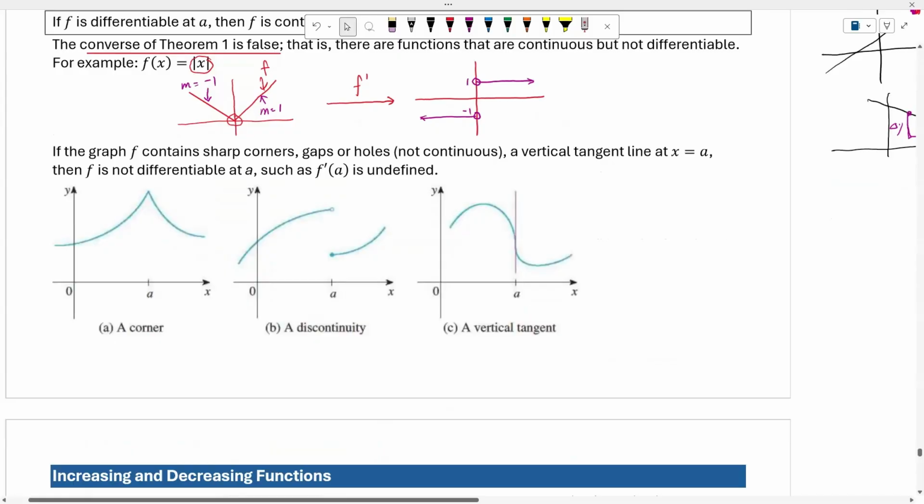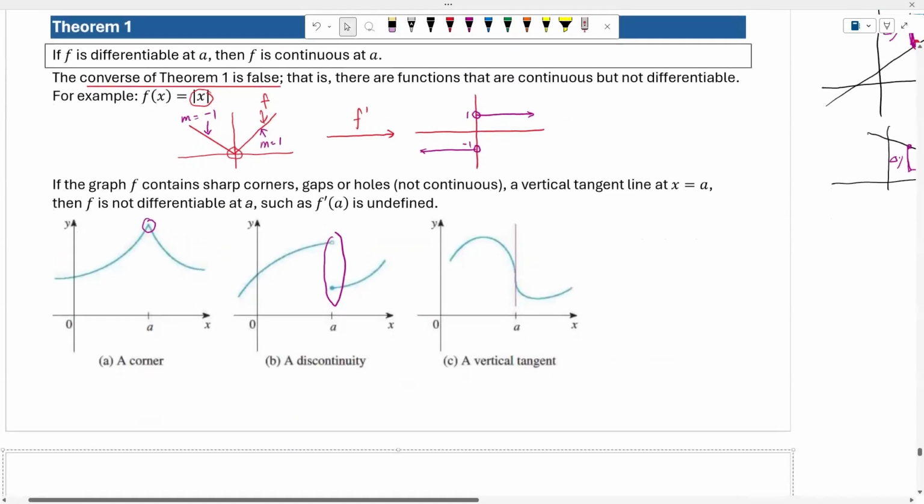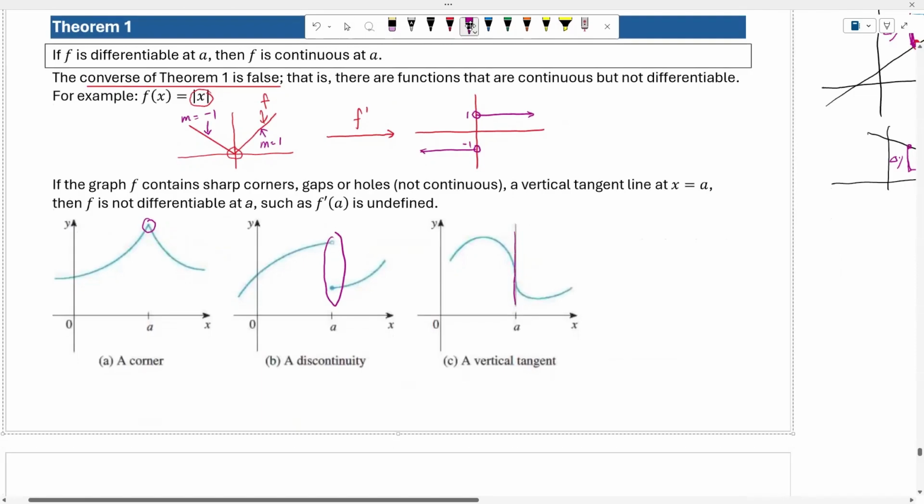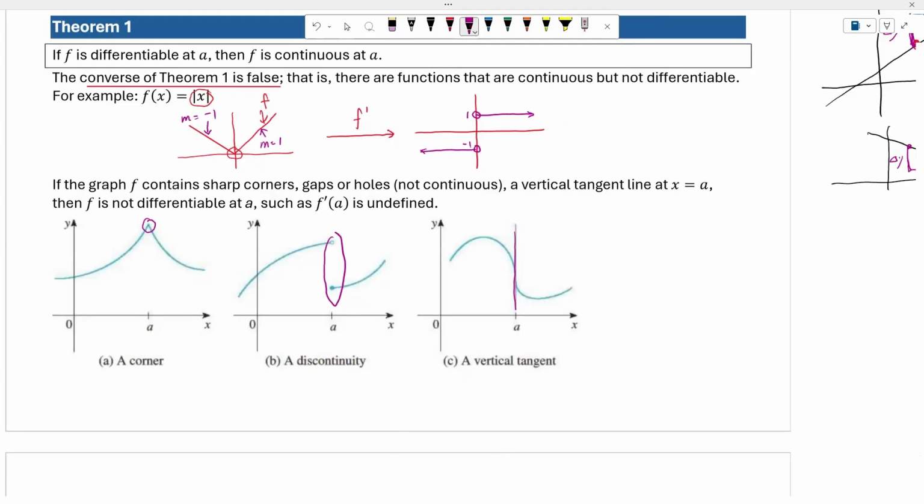So now, if the graph of f contains a sharp corner, gap, hole, or a vertical tangent line at x equal to a, then f is not differentiable at a, such that f prime is undefined.